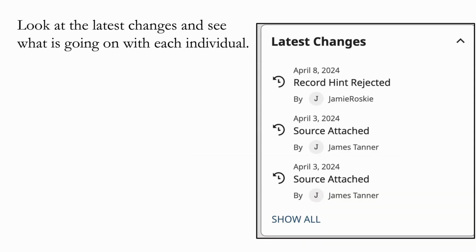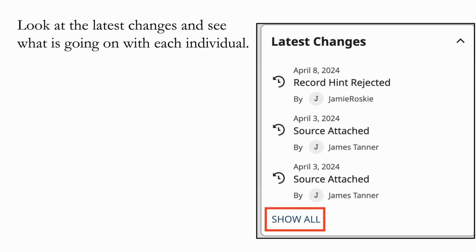And on the latest changes, there's a little button down here at the bottom that says show all, and that'll show you all the changes that are being made on a particular individual and when those changes are being made. And so I got this one off of one of the people that I was working on, and you can see that it's fairly current.